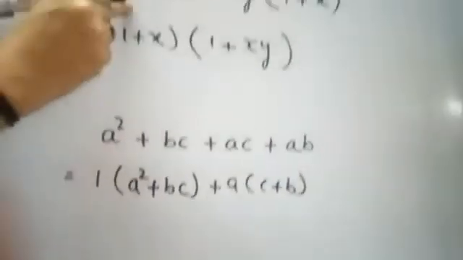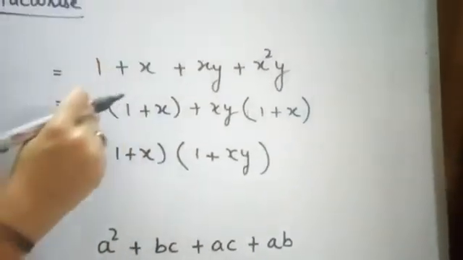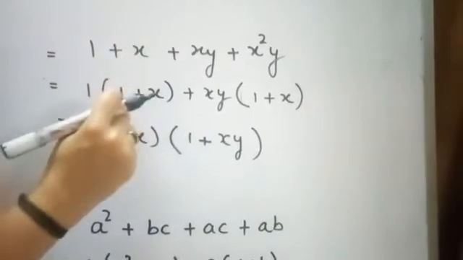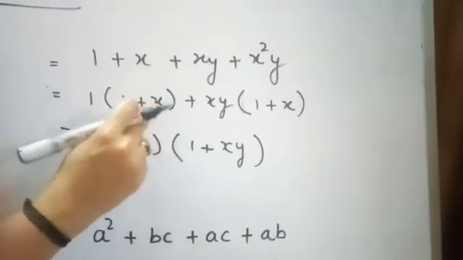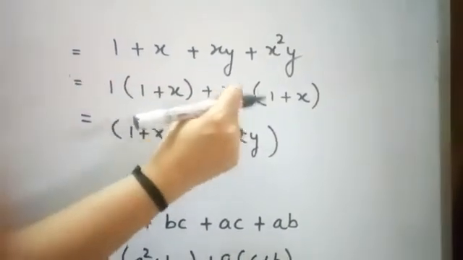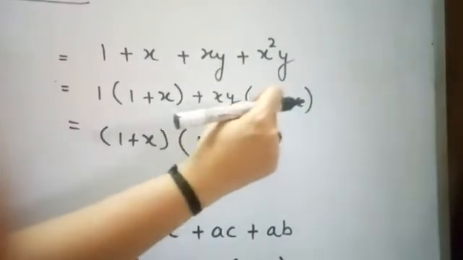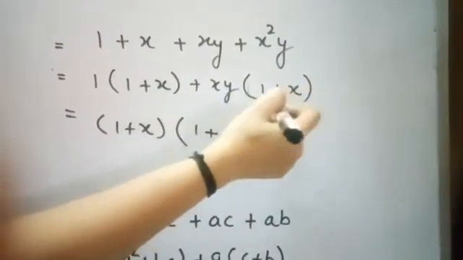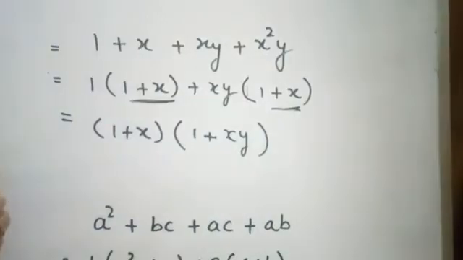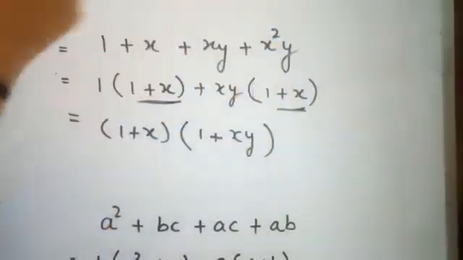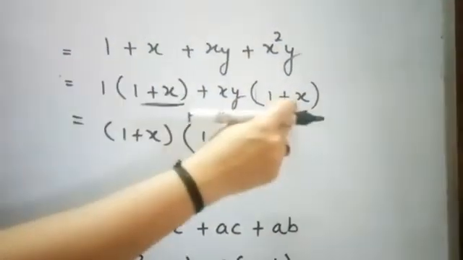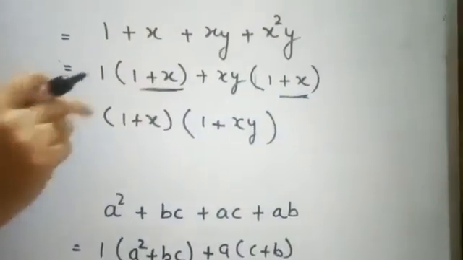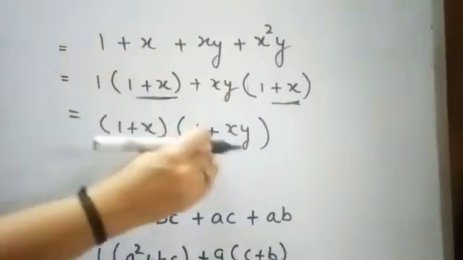As I did in the previous question, after taking out the common factor from the first two terms, 1 plus x is left, and from the last two terms, 1 plus x is left. These two parts should be the same so that you can take them out as the common binomial factor, and this is your answer.